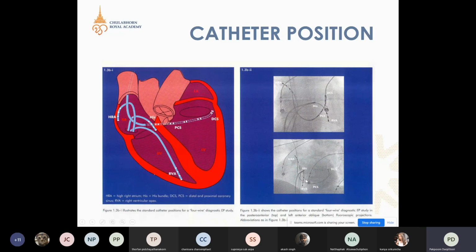Okay, and the catheter with 10 electrodes should be the CS catheter. And again, the high right atrium catheter should be like this, because it is placed at the upper part of the right atrium.